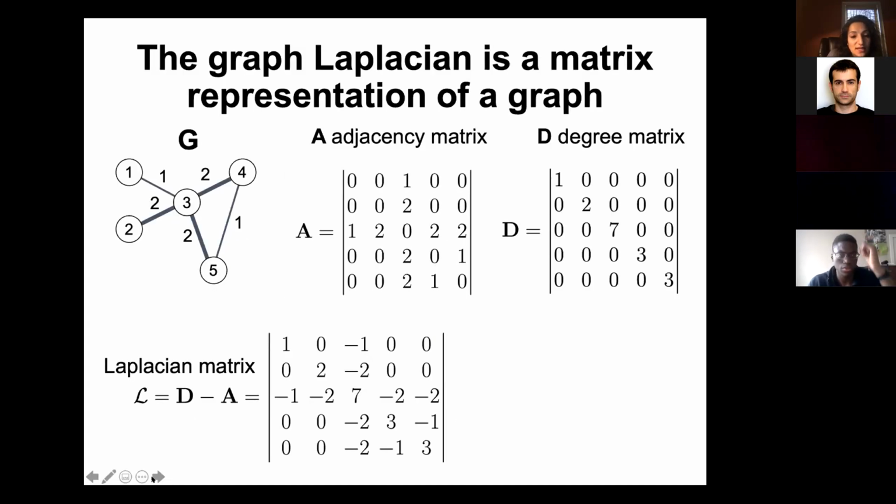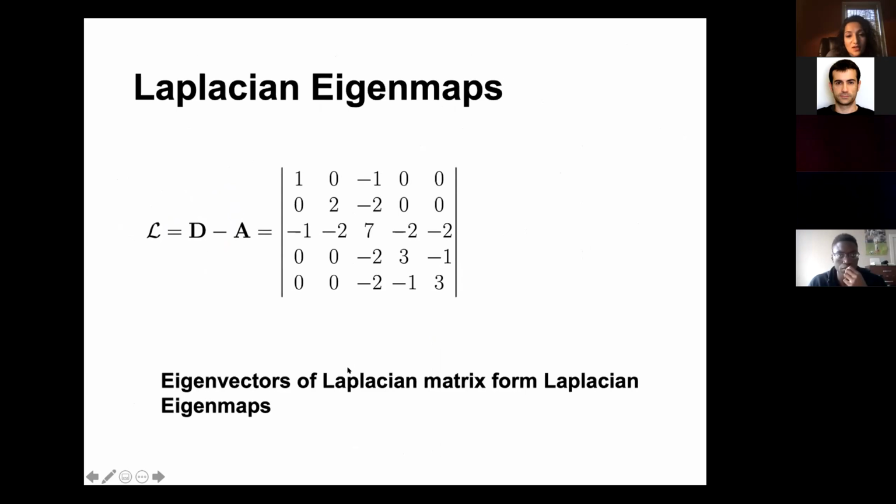And so if you take this Laplacian matrix and you compute the eigenvectors, you'll get something called a Laplacian eigenmap, which is very related to a diffusion map. The only difference is in diffusion maps, you weight the eigenvectors by the eigenvalues and you're powering and changing the eigenvalues themselves.